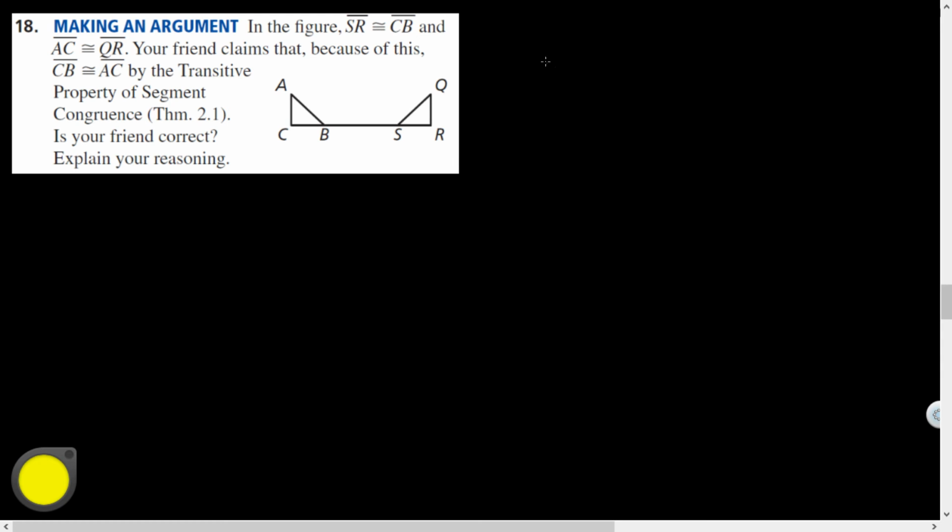It says, in this figure, SR is congruent to CB. I was just thinking quarterbacks for some reason. SR is congruent to CB. All right. And AC is congruent to QR.